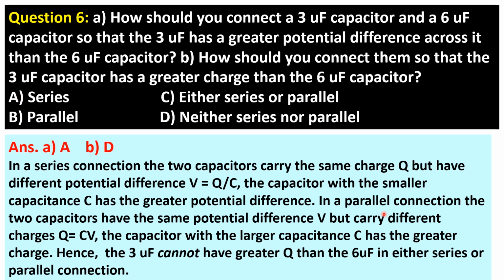Now, if they are connected in parallel, the two capacitors have the same voltage, potential difference V, but they carry different charges since they are in parallel. And the charge carried by each capacitor is expressed as Q is equal to the product of C times the voltage.